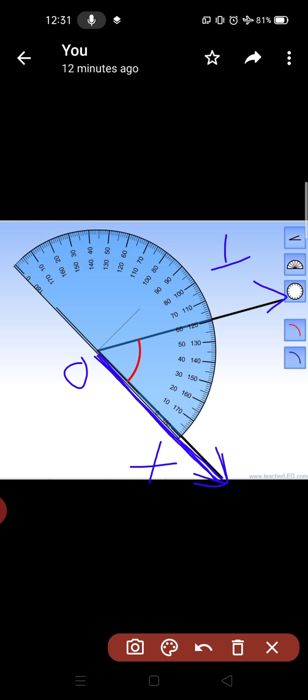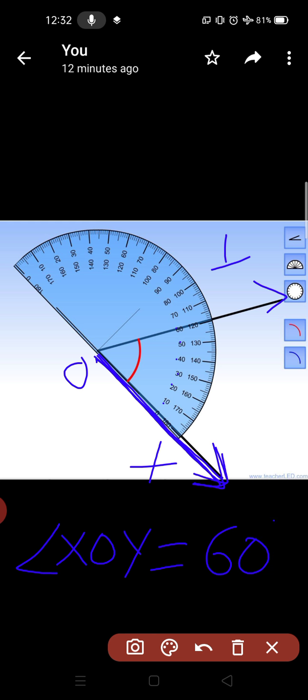So from this side, whatever it may be, left side or right side, whenever it coincides with the straight edge of the protractor, you have to start from 0: 0, 10, 20, 30, 40, 50, 60. So angle XOY is equal to 60 degrees. Okay.